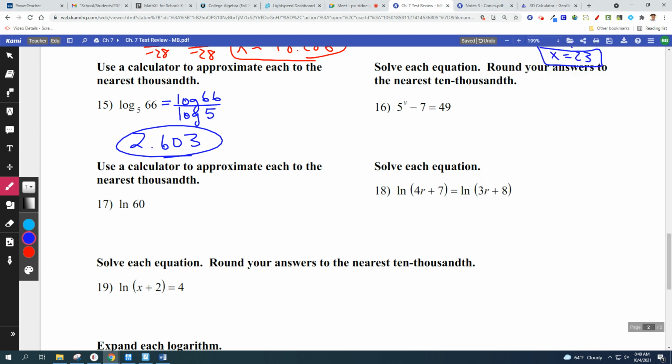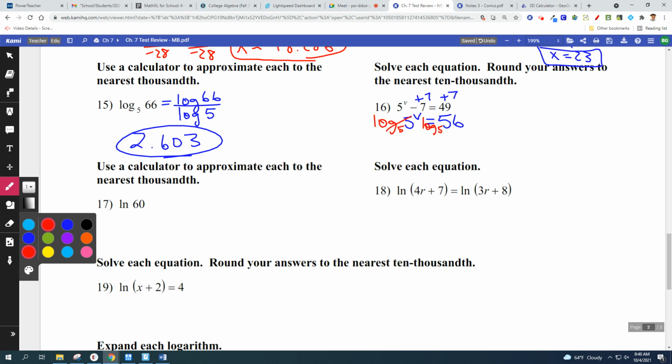16, solve. We're trying to ISO, so let's add 7, and that says 5 to the v equals 56. I want the exponent that makes 56. So how do I find the exponent that makes 56? I'm going to do a logarithm. If I try to ISO, I'm going to do a log base 5 on both sides.